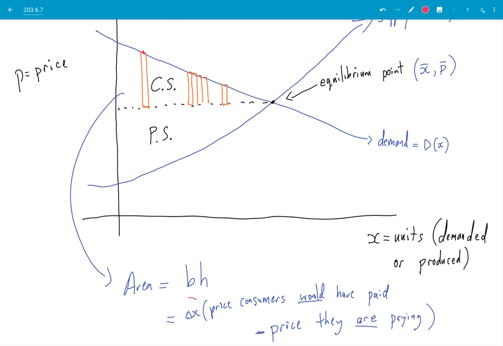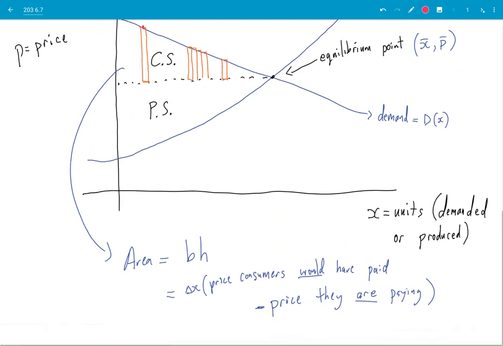So for these delta x units, consumers would have paid this price, but because of this free market system, they are actually able to pay this price. So this is a benefit to them, right?